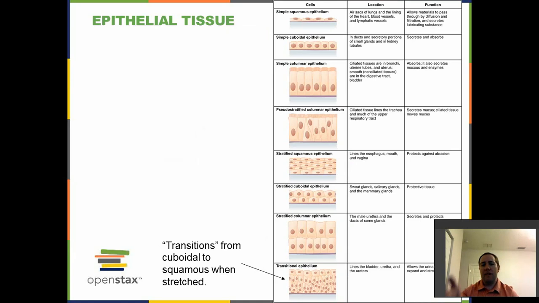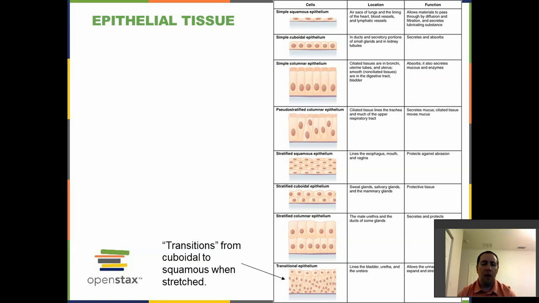So here we see a table showing our different types of epithelia. And so you need to know the function and a location of each type of epithelium. So simple squamous epithelium, if something is a simple epithelium, it's one layer thick.